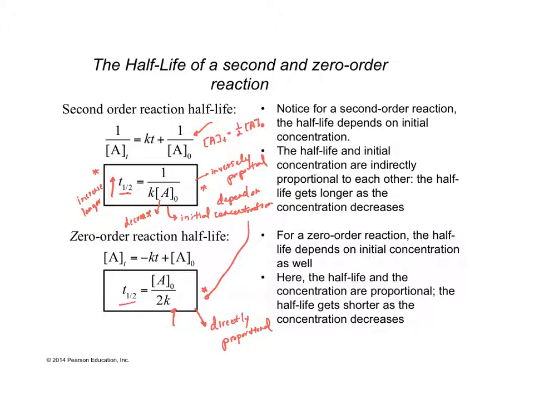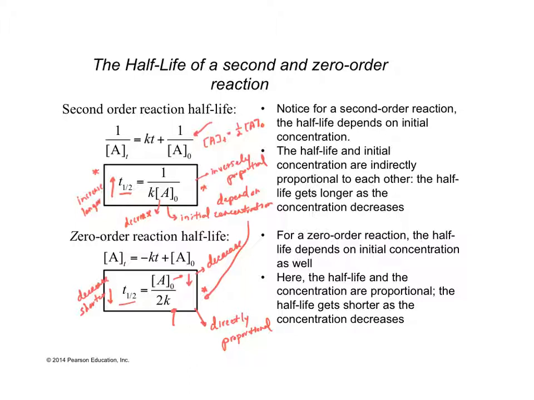So again, it does depend on the initial concentration of our reactant, but now it does so in a direct manner, right? So as the concentration starts to decrease, the half-life will also begin to decrease, meaning that as the reaction goes on, the half-life becomes shorter. So it starts to speed up as the reaction continues to occur.